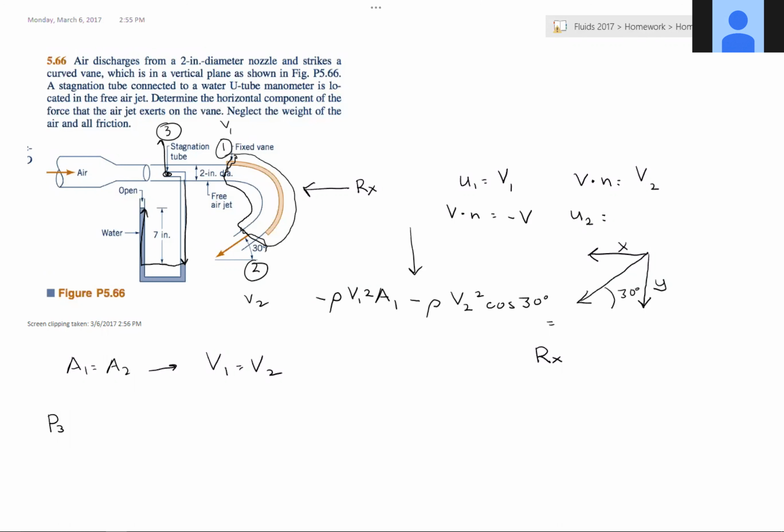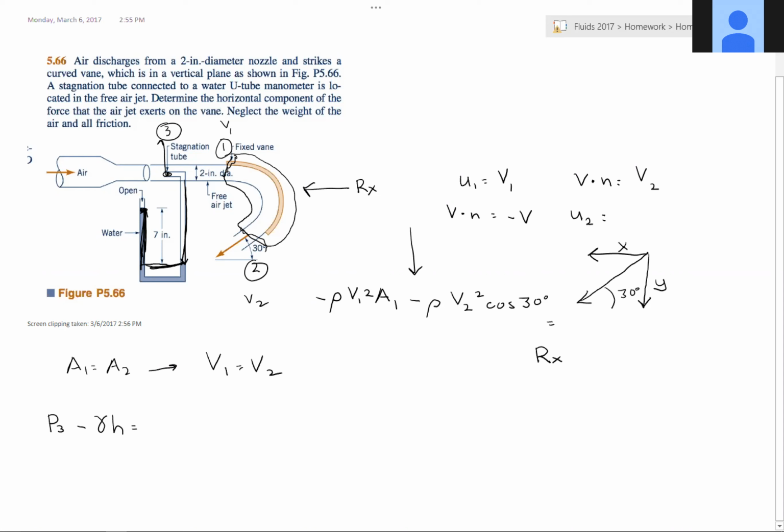Okay, so this is where you have to be careful. We're going down here to the air, coming across and then going back up. So when you're going up in pressure, you subtract gamma times our H. And now we're here. What is that pressure going to equal?